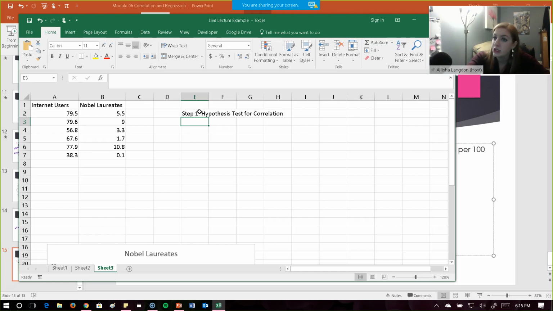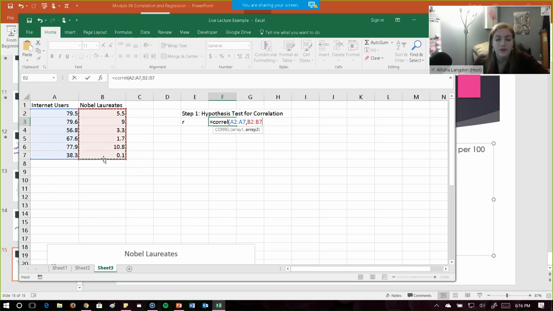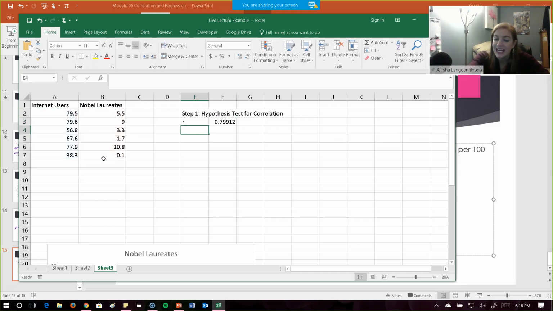So the first thing we need to do is come up with our linear correlation coefficient. That's a mouthful. So that's equal CORREL. Now in CORREL, you're going to select your first column of information, comma, my second column of information, close parenthesis, hit enter.